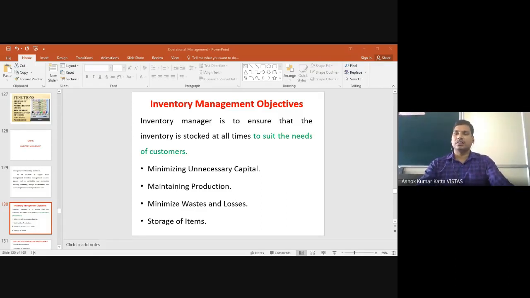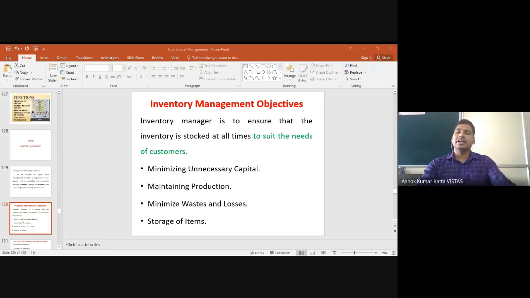For example, I'm going to buy 1,000 tons worth of coal, 1,000 tons worth of limestone or gypsum or something. Now, being an inventory manager, what I think is, why should I buy 1,000 tons of material?